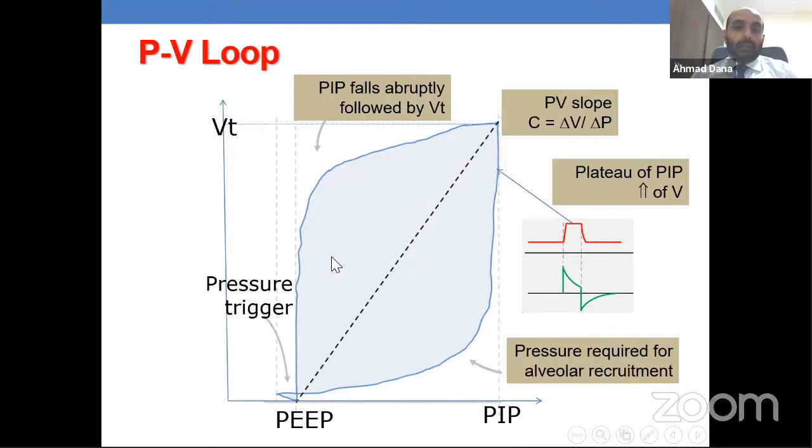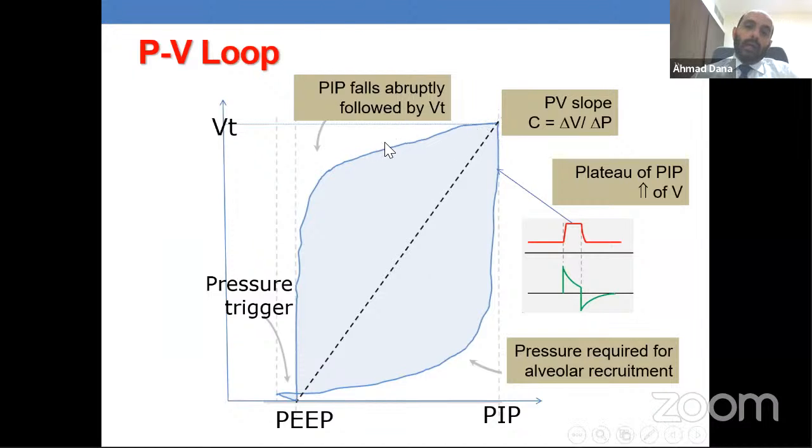So this is again explaining the same thing. Whenever there is a deflection like this, it means that this is a trigger. So the baby is starting the ventilation, then the machine will start the inspiration, initially with high pressure to open up, then less pressure generates more volume, till you reach the PIP.